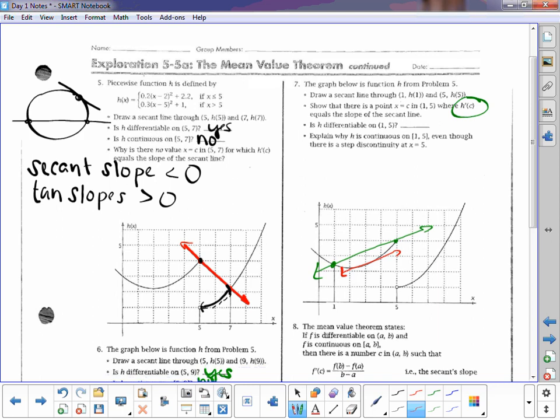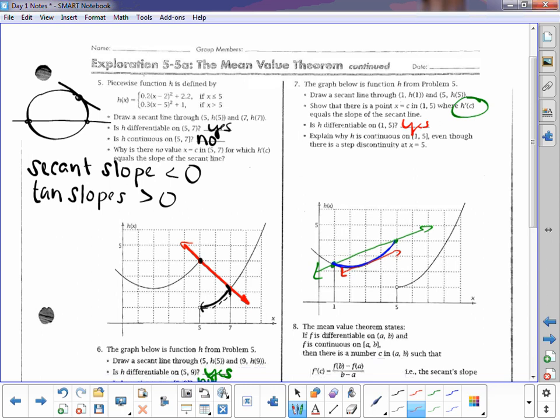Is my function differentiable on the open interval 1 to 5? Yeah. We're looking again just at this branch of our graph here. And we don't care what's happening at the endpoints, but we don't have to jump around anywhere at all. So yep, it is indeed differentiable.